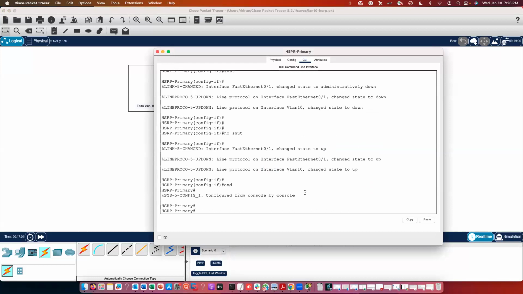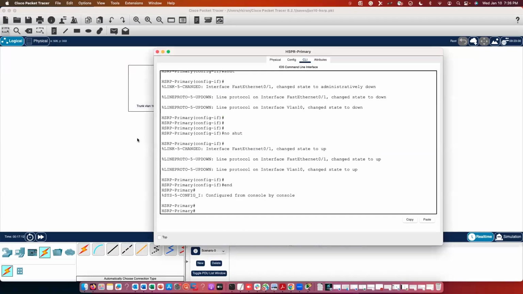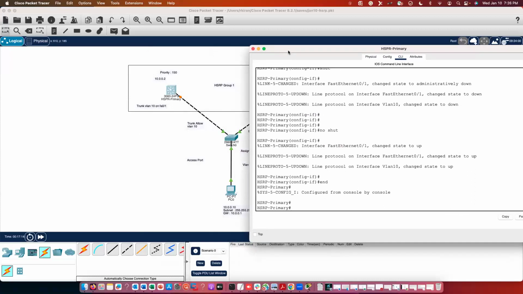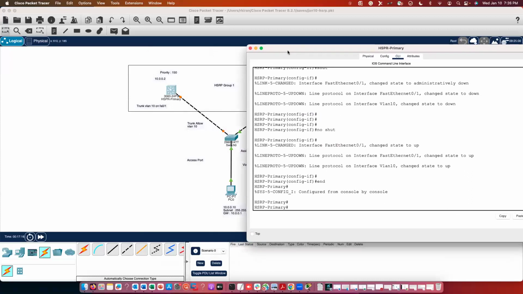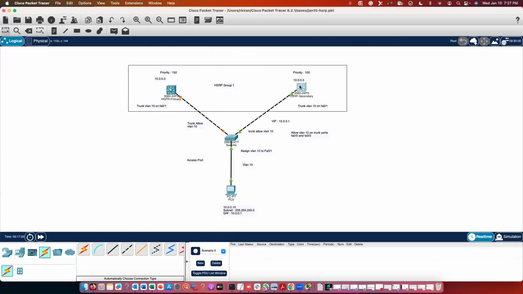So if you see now, let's wait for the HSRP. Let's wait for the link to be up. Green. It says speak to standby and standby to active. So now if you observe, this one should be the standby.